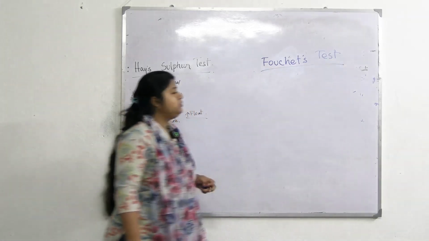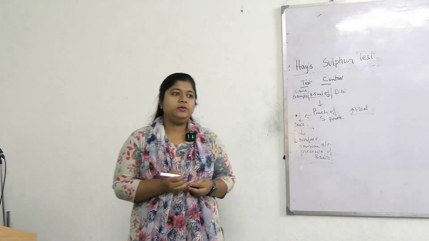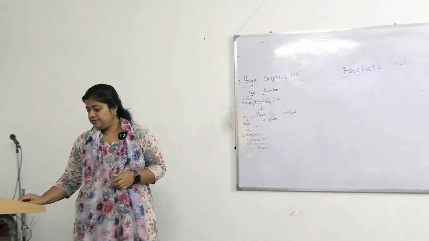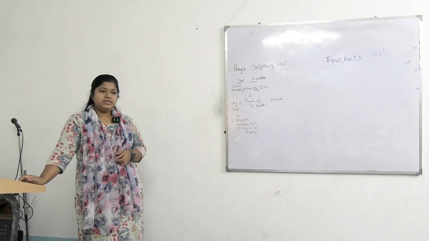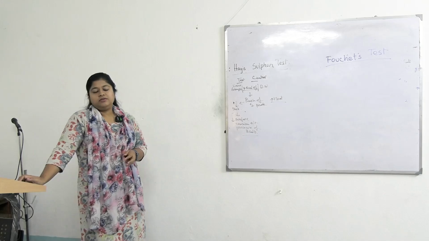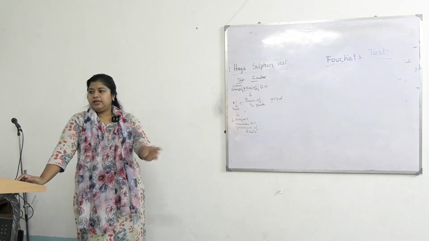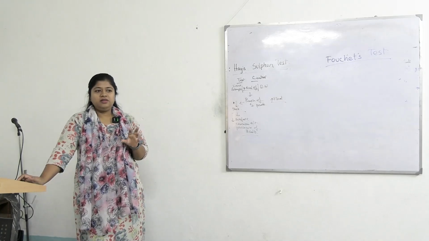Fouchet's test is for detection of bile pigment. What is the principle behind Fouchet's test? Bile pigment, that is bilirubin, present in the sample, first of all, it will not react, it will get adsorbed to barium sulfate.